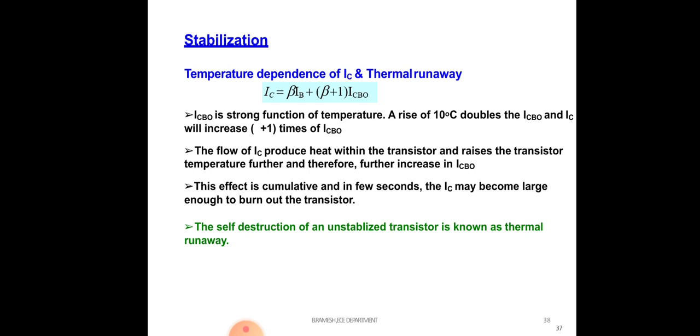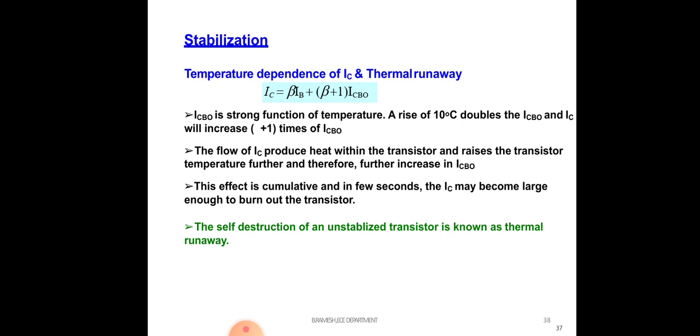The flow of IC produces heat within the transistor and raises the transistor temperature further, and therefore further increases ICBO. So this effect is cumulative, and in a few seconds the IC may become large enough to burn out the transistor. The self destruction of an unstabilized transistor is known as thermal runaway.